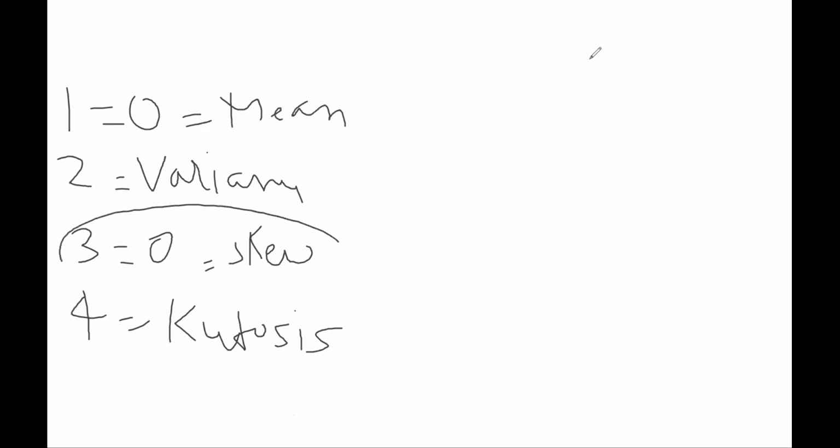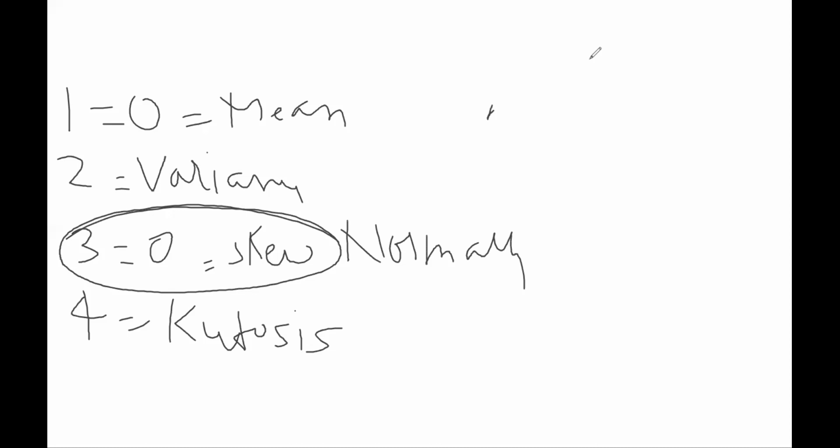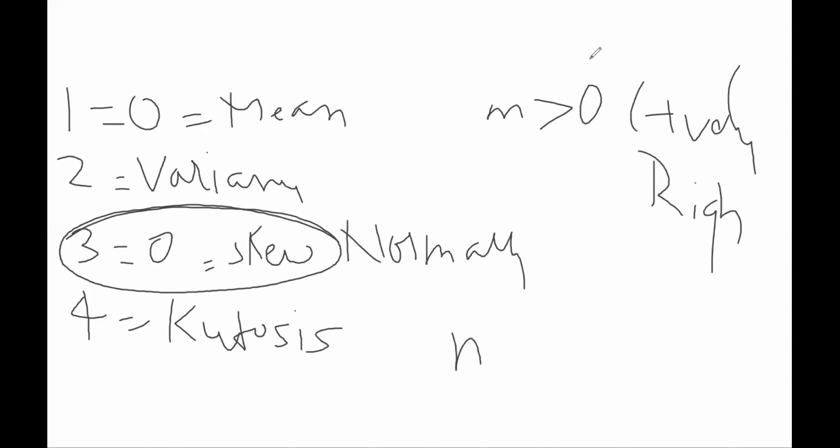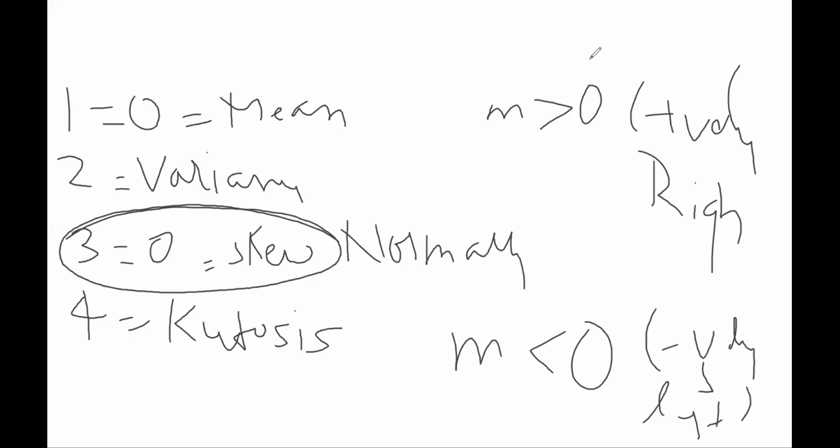So if skewness is 0, that means it's a normally distributed curve. If m is more than 0, it is a positively skewed or right skewed curve. And if m is less than 0, it is a negatively skewed or left skewed curve. This is called skewness.